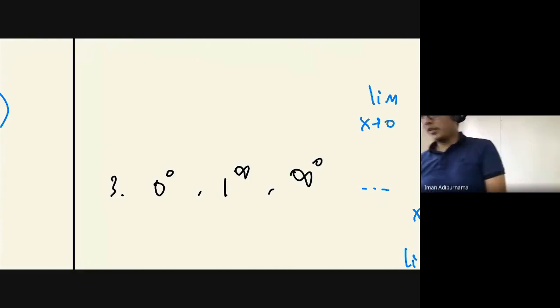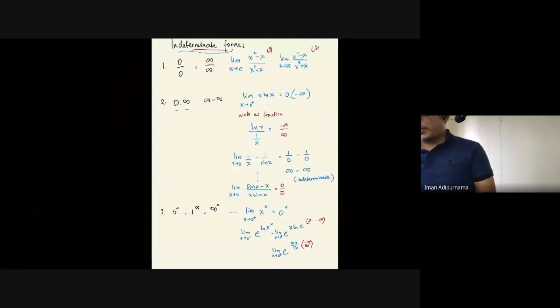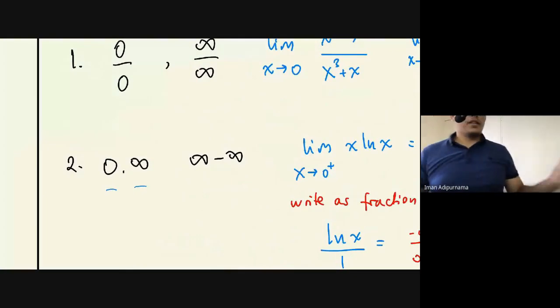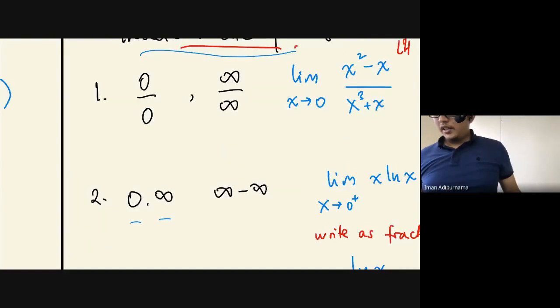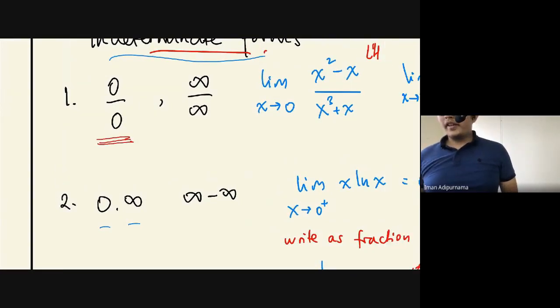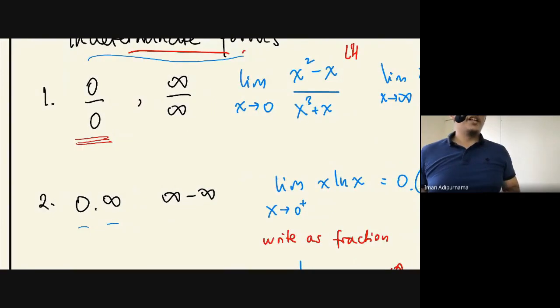Just keep in mind that all of your L'Hopital, based on our proving in the previous slides, is only this case, 0 over 0. Whenever you have infinity over infinity, you have 1 over infinity becomes 0, right?